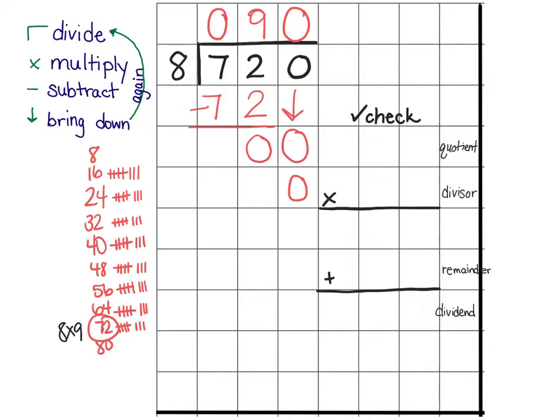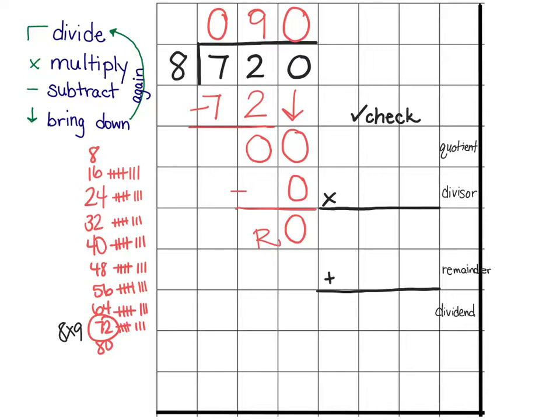Now we need to subtract 0 minus 0, still 0. All right, and bring down. Nothing to bring down, so we have a remainder of 0.